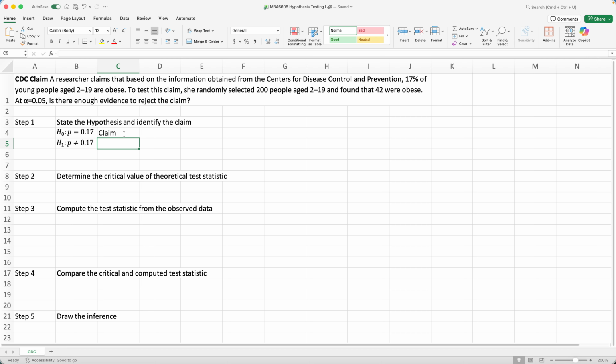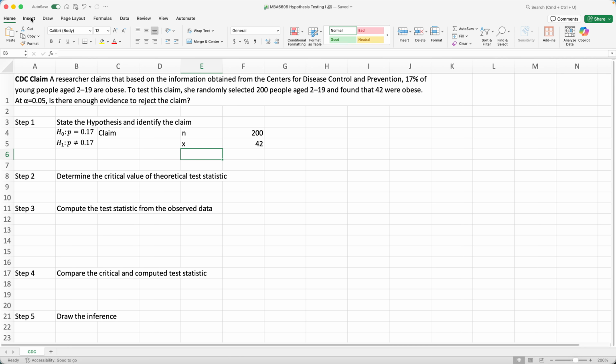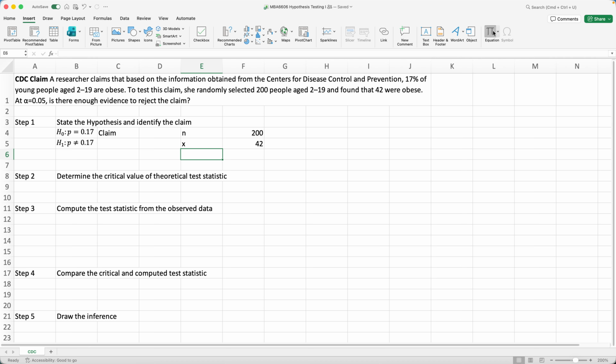Now the researchers collected the data. We don't know the proportion estimate that we're going to get from the sample directly, so we will have to compute it. We know that a sample of 200 people were taken, out of which X number of people were obese, 42. So what is P hat? The best estimate of the proportion.